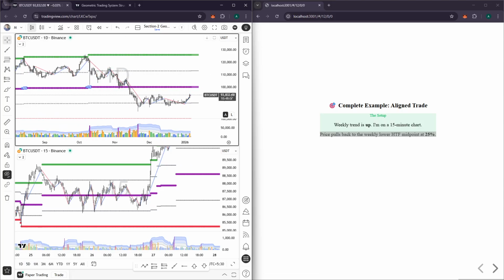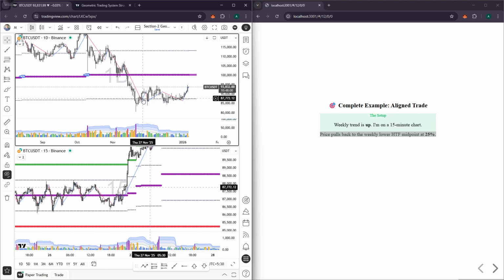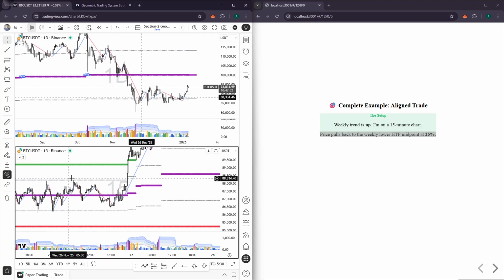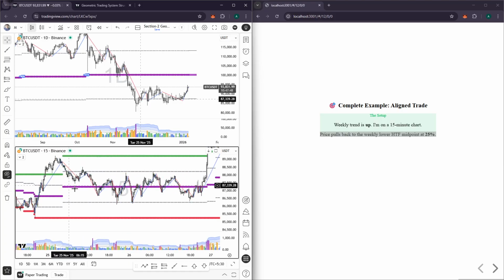This 25% level on the daily time frame, and if you see, the market was in this up move, up wave, and it was basically going sideways, stopping volume. And the weekly, this one is up trending, right? You see the midpoint. So this is a good long trade to take.